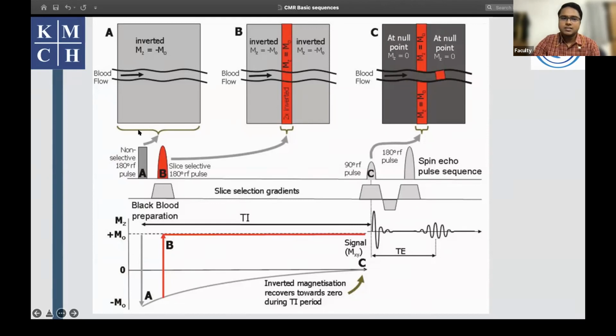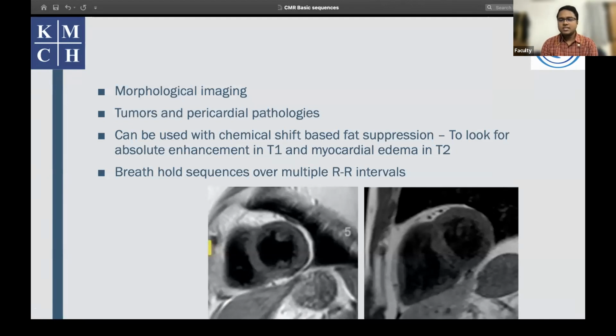And since this particular sequence uses two 180-degree pulses before a spin echo sequence, it is called a double inversion recovery sequence. These double inversion recovery sequences are used for morphological imaging. Especially they are useful for imaging in tumors and in pericardial pathologies.